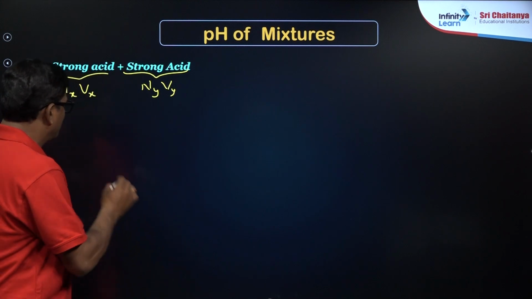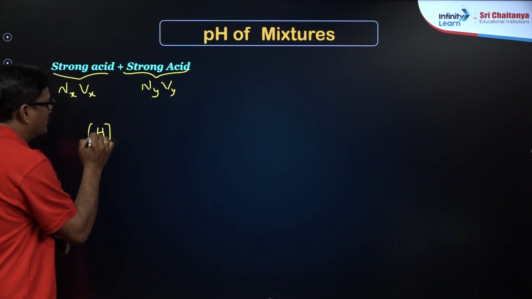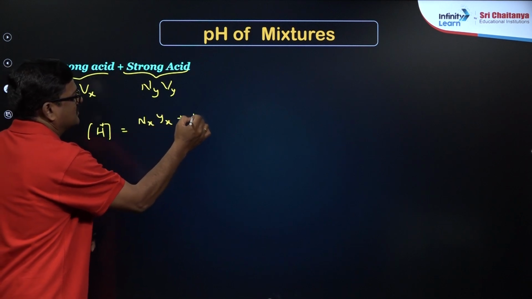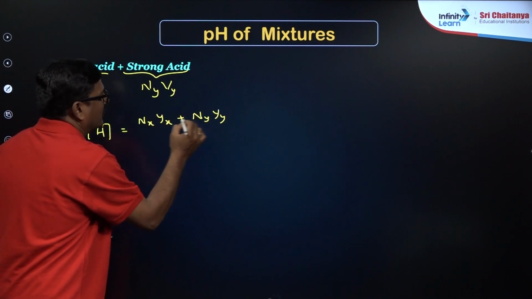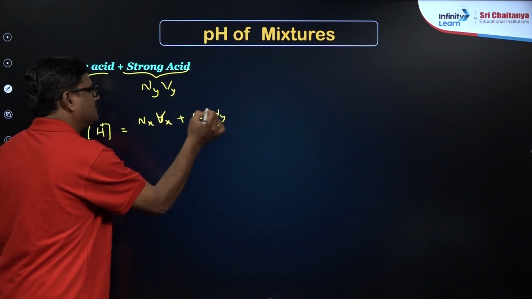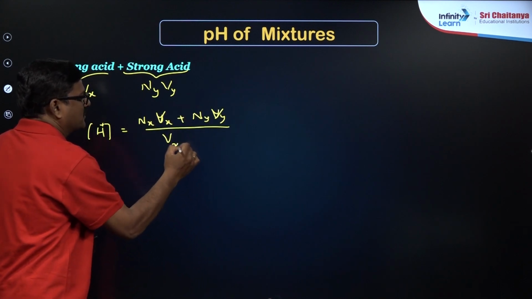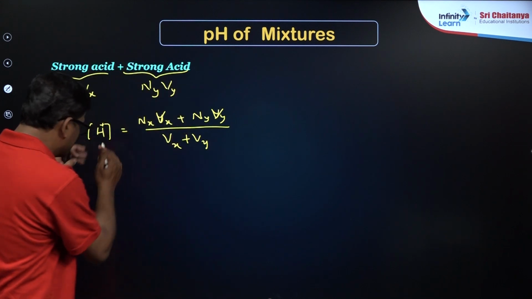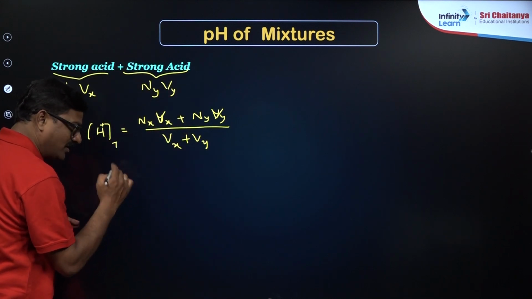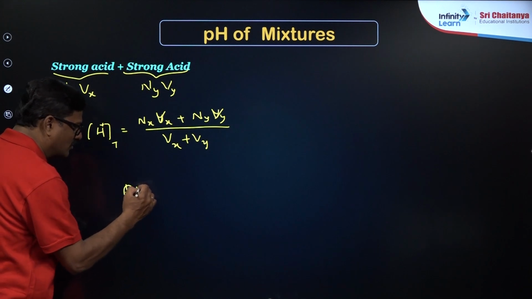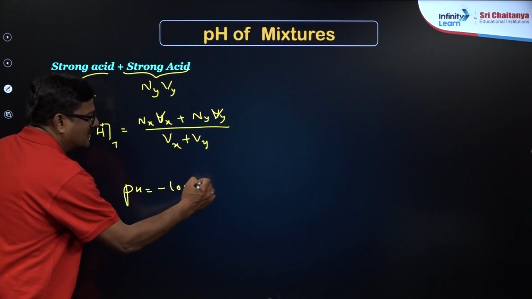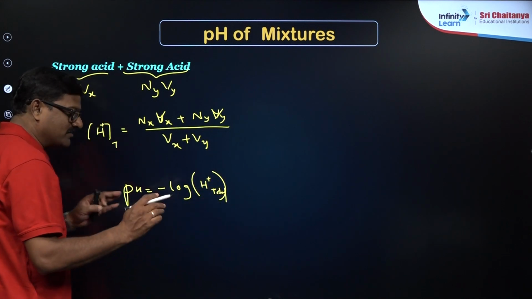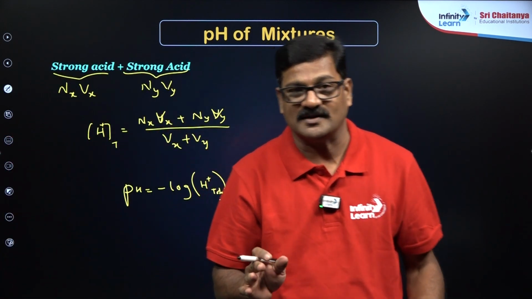So the total H plus ion concentration is going to be (NxVx plus NyVy) divided by (volume of X plus volume of Y). That's it. From this total H plus ion concentration, pH is equal to the negative logarithm to the base 10 of the total H plus ion concentration. So from there you can calculate the pH of the strong acids.